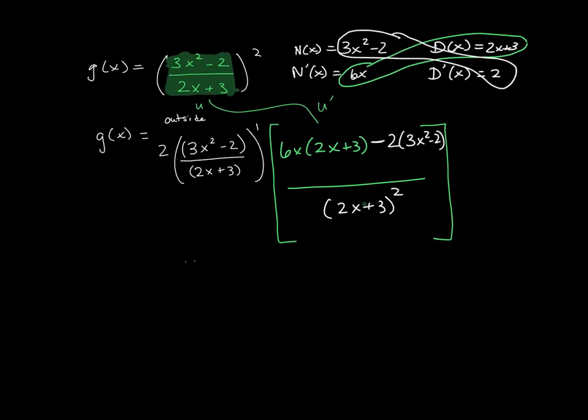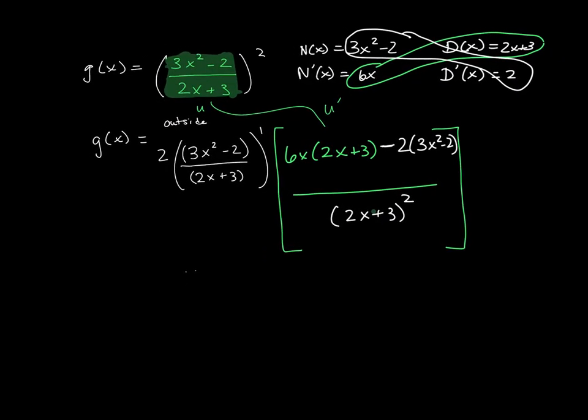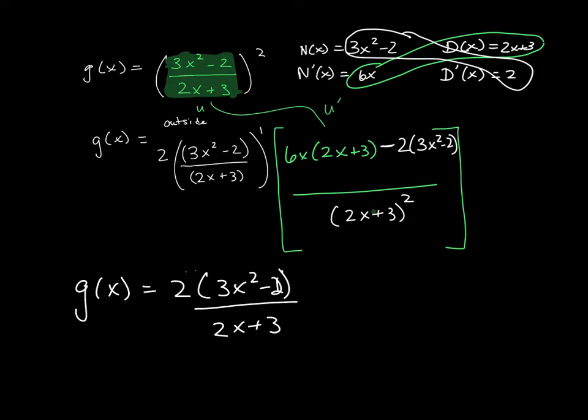So let's simplify all of this a little bit. And I'm left with g of x is equal to 2 times 3x squared minus 2 all over 2x plus 3. And all of that is going to be multiplied by, I'm going to take and distribute this piece in the numerator.